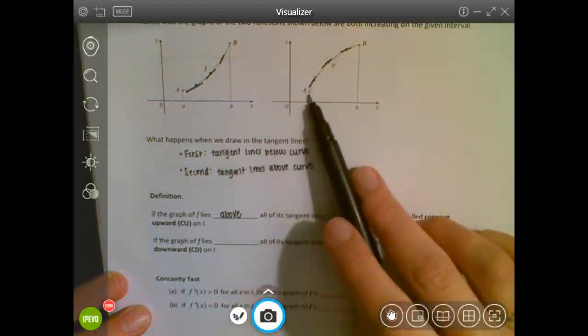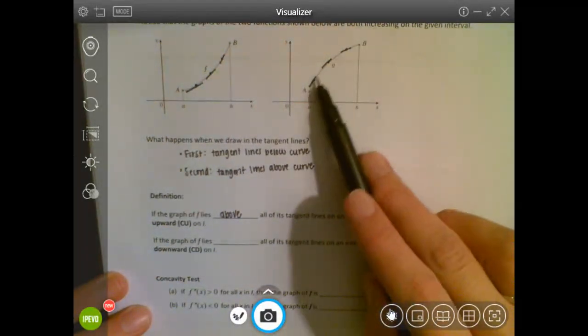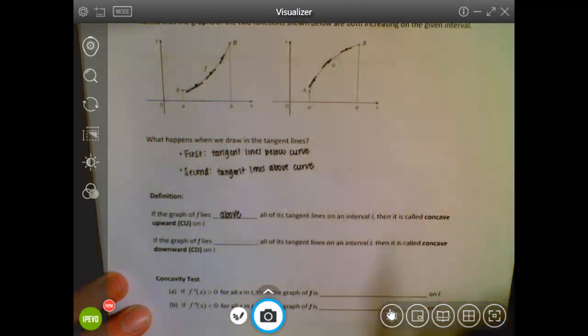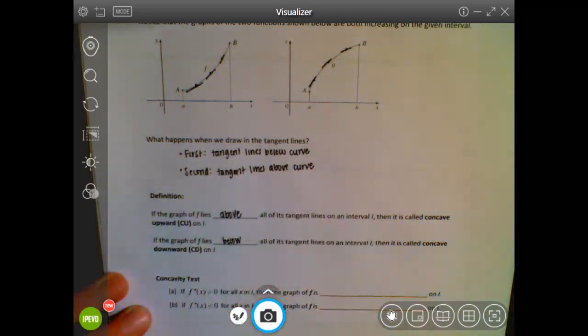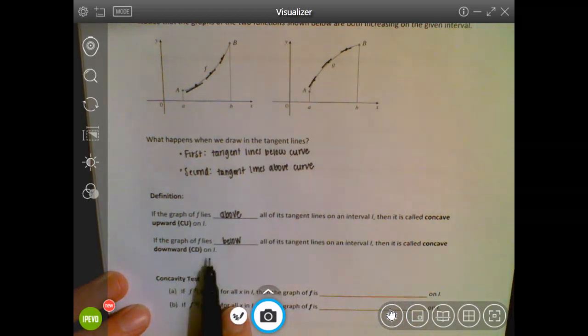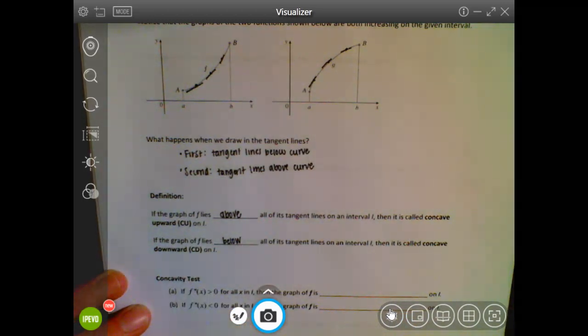Over here, if our graph lies below all of our tangent lines, because our tangent lines were on top of our curve, then we say that the graph of f would be concave downward on the interval, sometimes abbreviated CD.